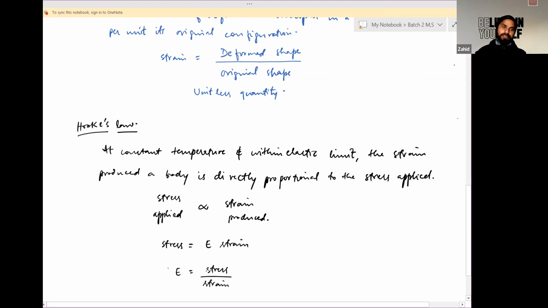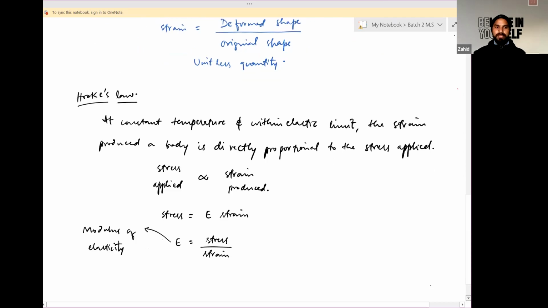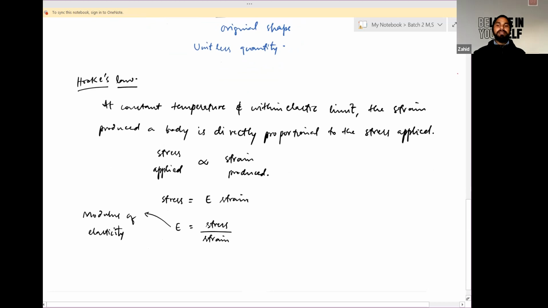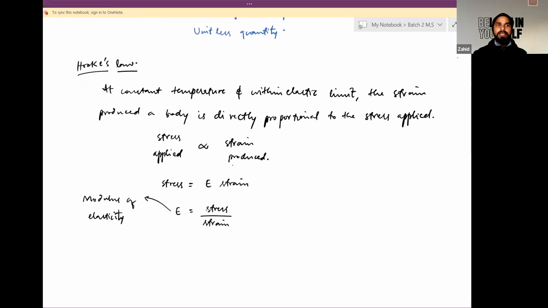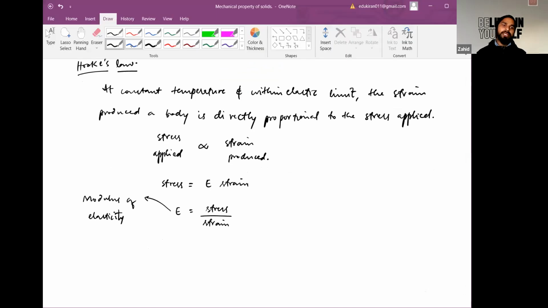So this E is called modulus of elasticity, which depends upon two factors. First is temperature, and second is nature of material. It will define the elastic behavior of the body.